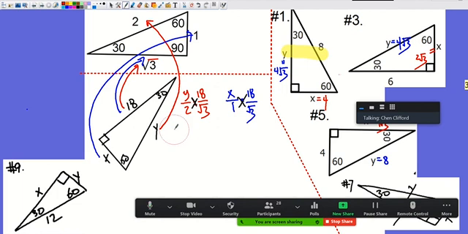Now I'm going to get y times root 3 equals 18 times 2. Let me just finish the y's first. We're going to divide both sides by root 3 to get y by itself.